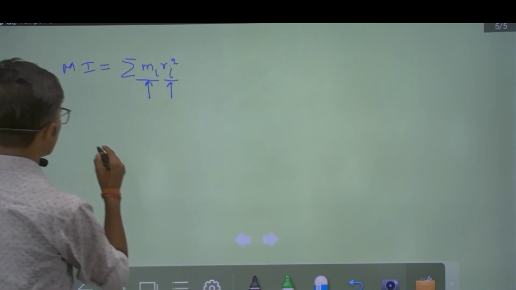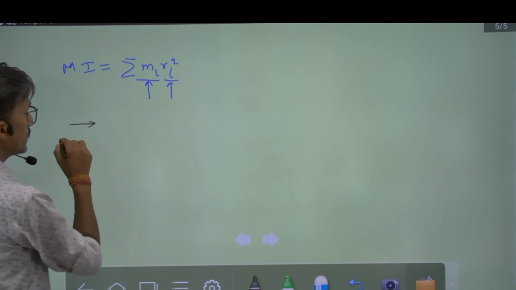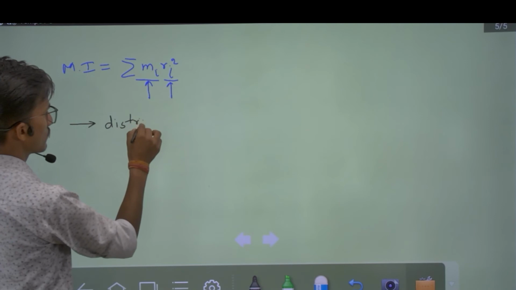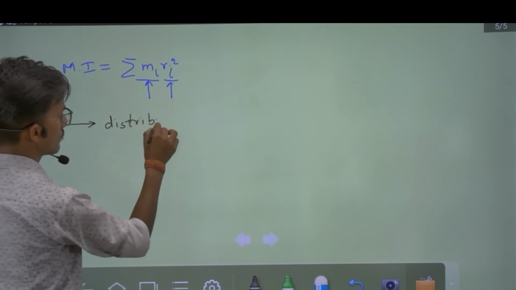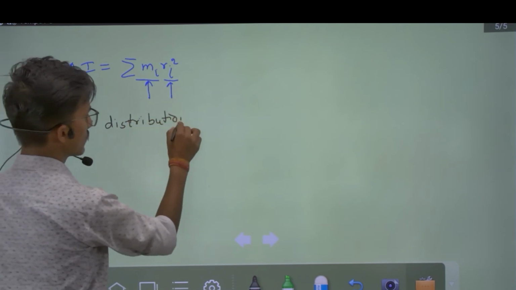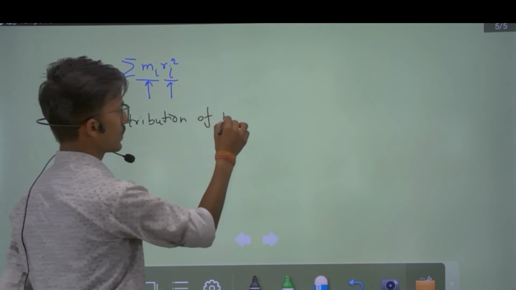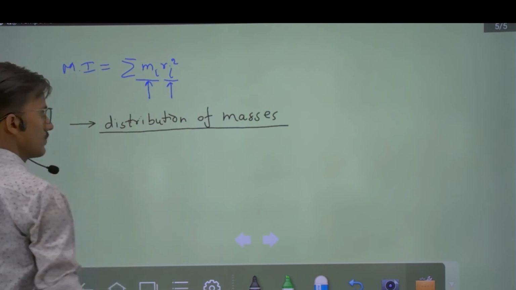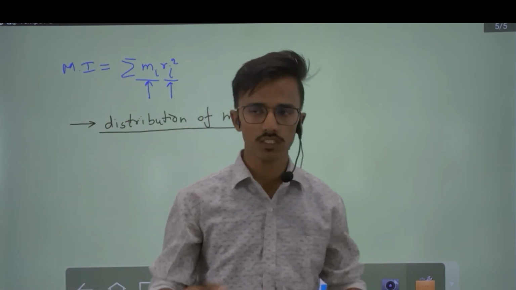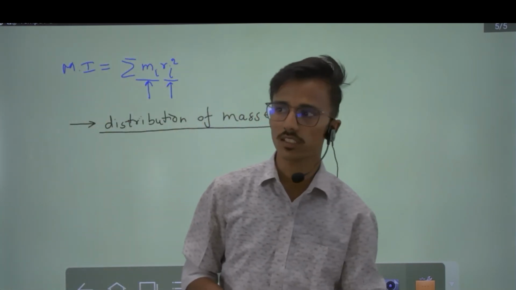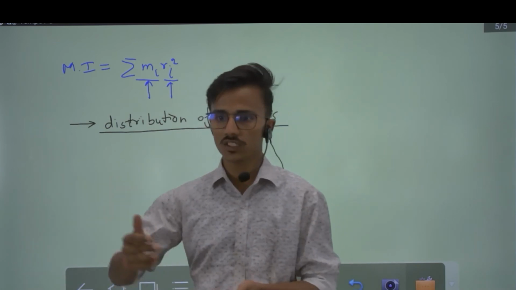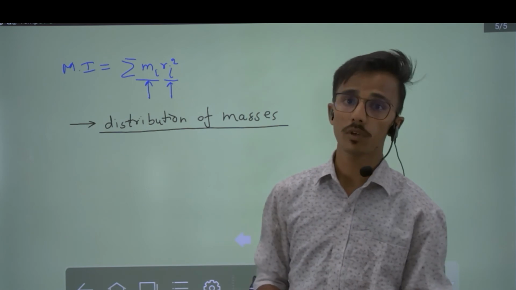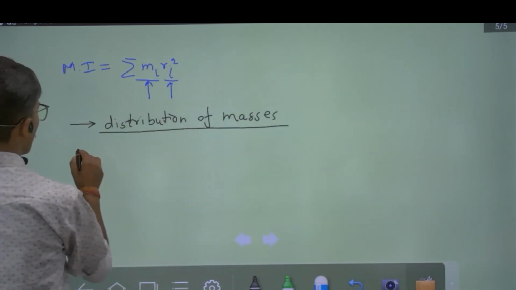So the first point is that moment of inertia will depend on the distribution of mass. Like, there are many masses and all the masses are rotating around the axis, then what are the distances of the masses from the axis? The moment of inertia will depend on that.